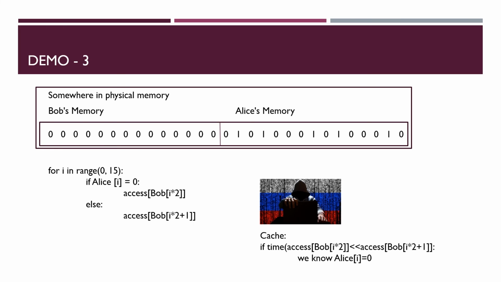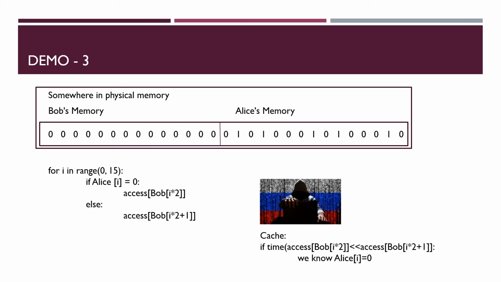Let's take a look at what the actual code for Bob accessing Alice's memory might look like. On the left here, we have some basic pseudocode just to demonstrate the essence of the exploit. You'll notice that Bob is going through and, based on values in Alice's memory, he's accessing different values in his own memory. Now note that, of course, in this example that we give here, he wouldn't be able to actually access values in Alice's memory.